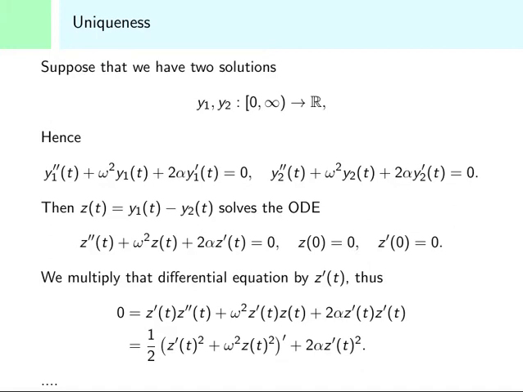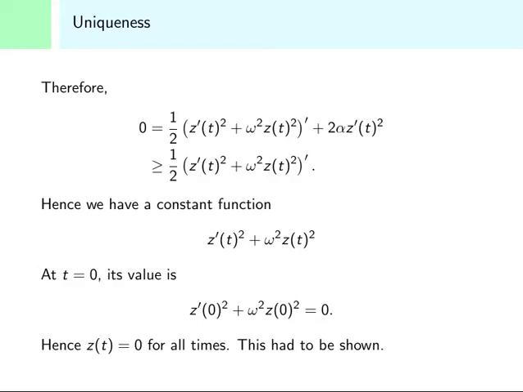What we got there is 1/2 of the derivative of z'(t) squared plus omega squared z(t) squared, and then we still are left with the term 2 alpha z'(t) squared. And since z'(t) squared is non-negative, in particular we get that 0 is greater or equal to 1/2 of the time derivative of z'(t) squared plus omega squared z(t) squared.